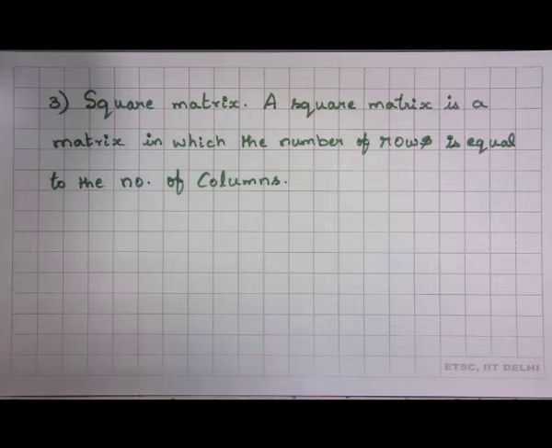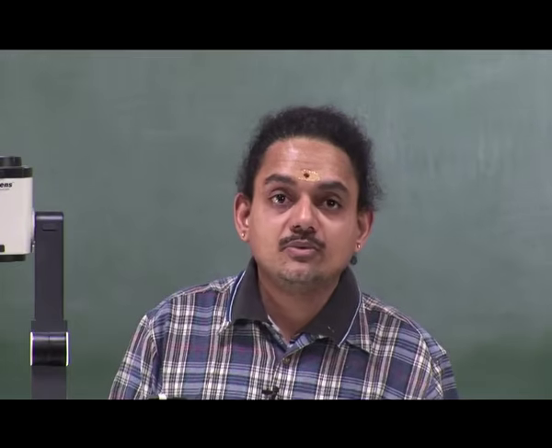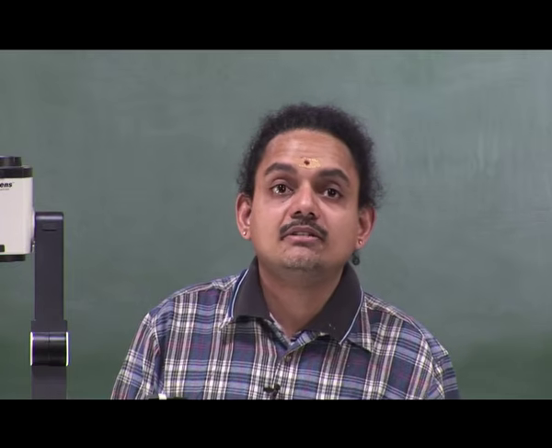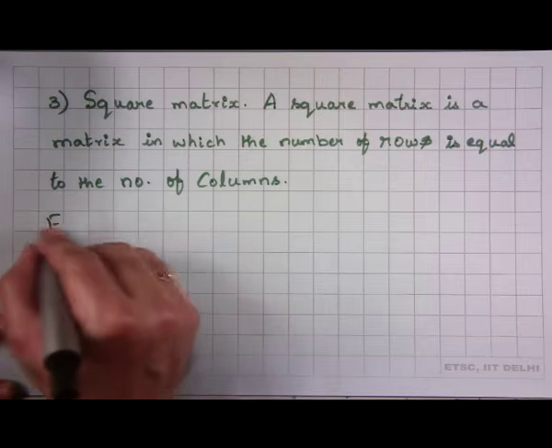Whenever you find a matrix in which the number of rows is equal to the number of columns, then you say that such a matrix is a square matrix. Let us do some examples.